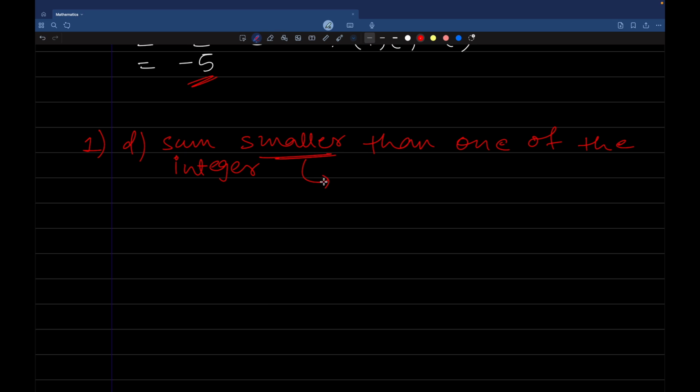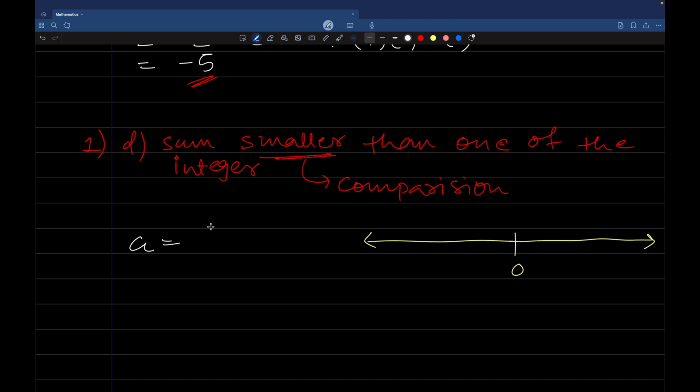Here again we have a comparison, so we will draw the number line. In the middle we have 0. We can take a equals minus 2, b equals 1. We will get the sum a plus b equals minus 2 plus 1 equals minus 1.